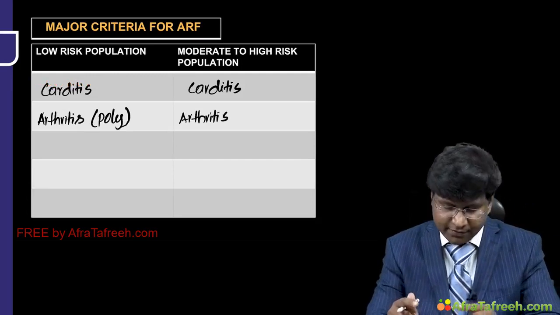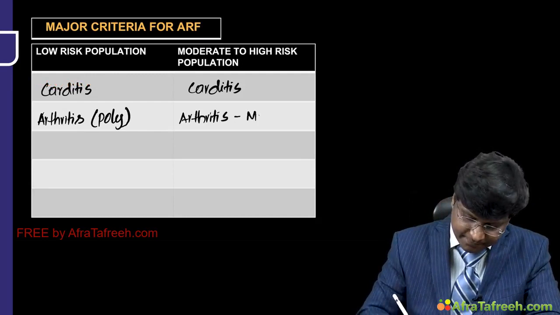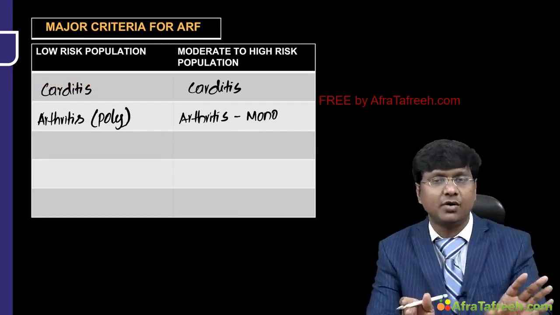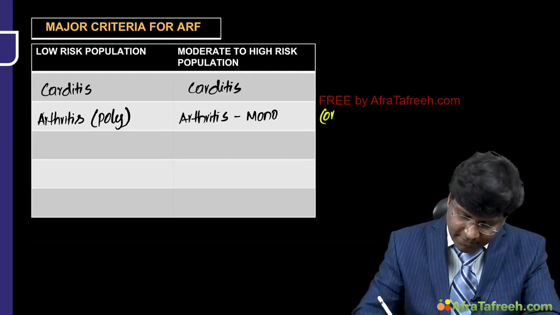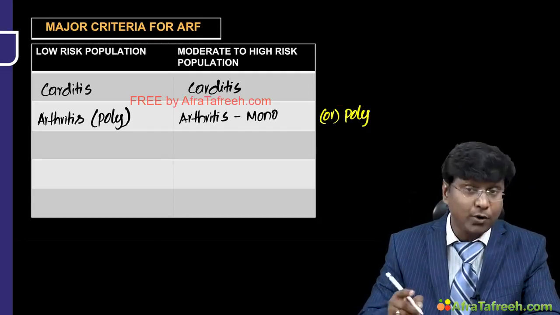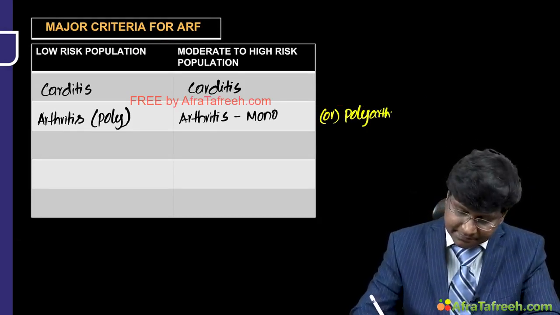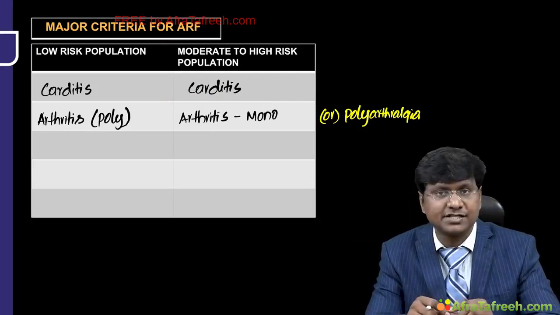Whereas arthritis in case of moderate to high risk should be either monoarthritis, if all the signs of inflammation are there in a single joint, or if there is polyarthralgia, then also we take it as major for the moderate to high risk population.